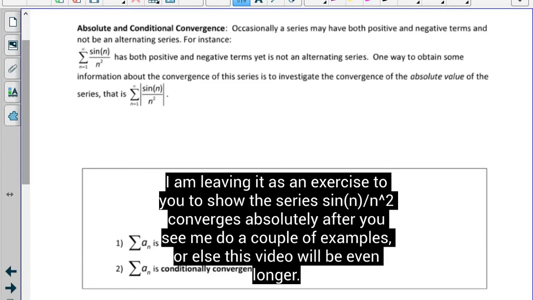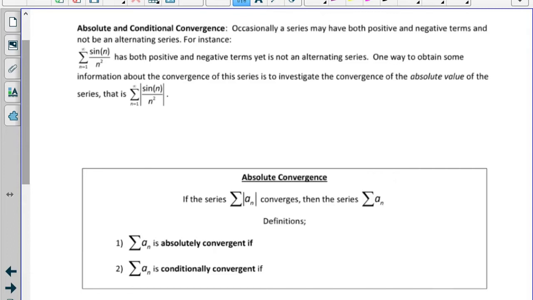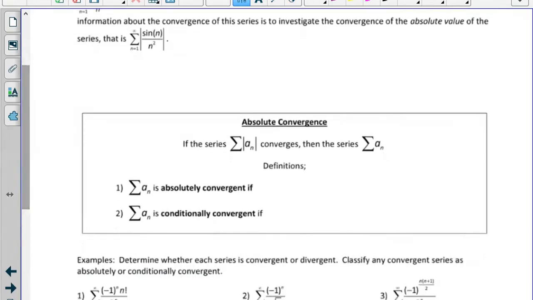One way to obtain information about this is to look at the absolute value of the series and see if that converges. So if the absolute value of the series converges, then we have something called absolute convergence. So in this particular situation, if the sum of the absolute value of a sub n converges, then the other series definitely converges.